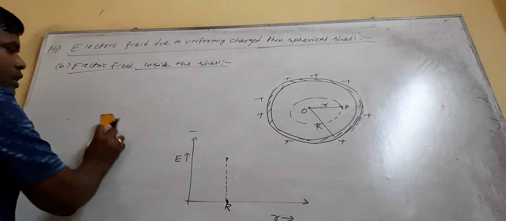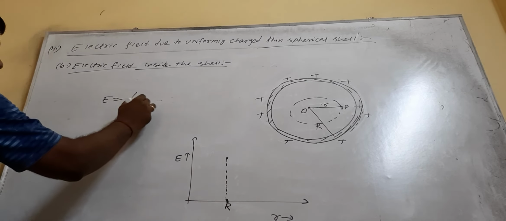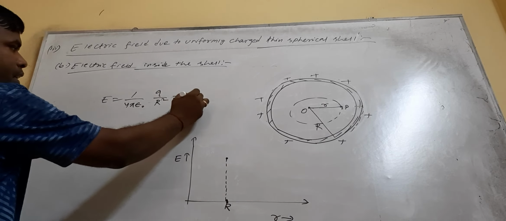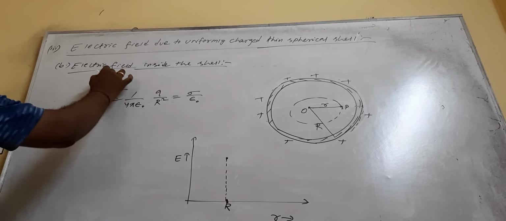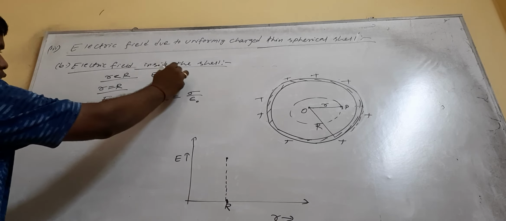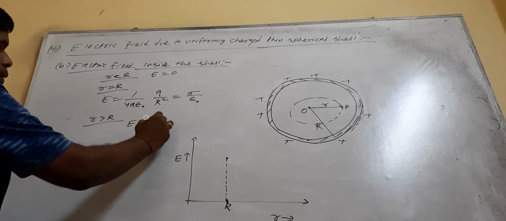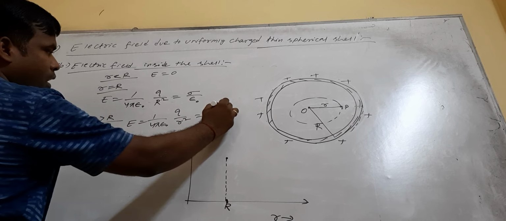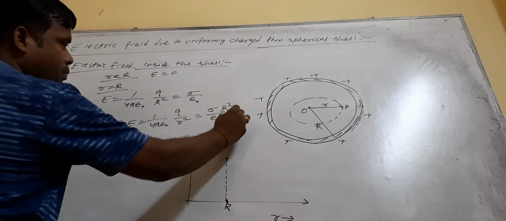For r less than capital R, the electric field is 0. When r is more than capital R, E is equal to 1 by 4 pi epsilon 0 q by small r square, that is sigma capital R square by epsilon 0 small r square.